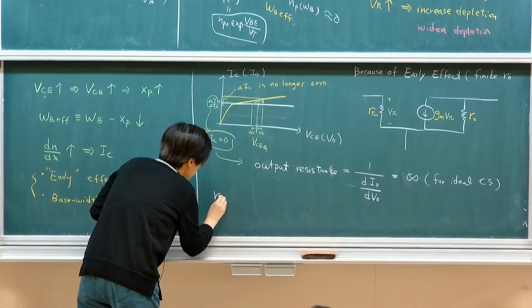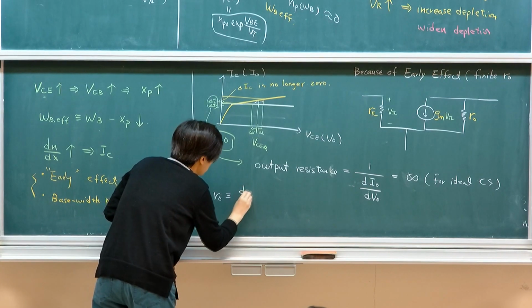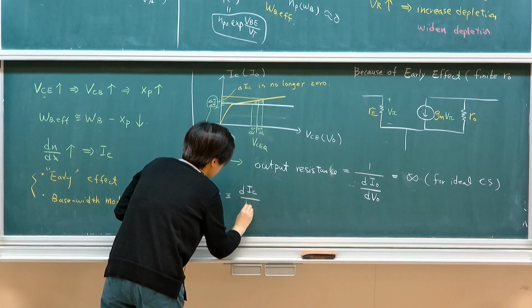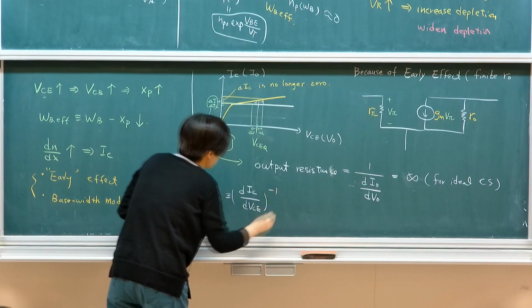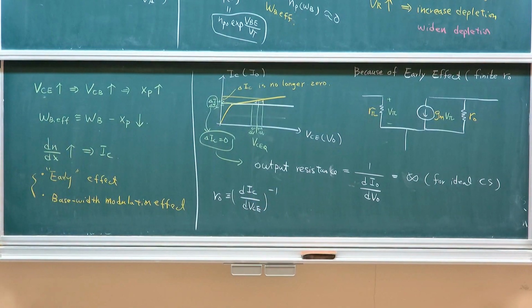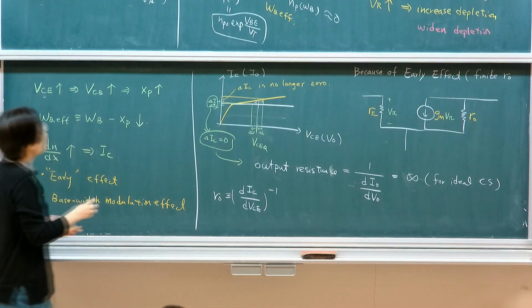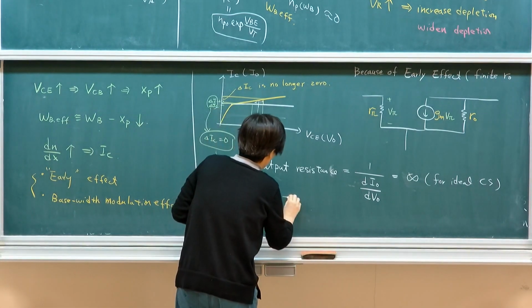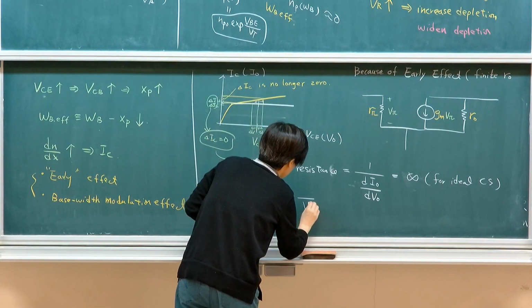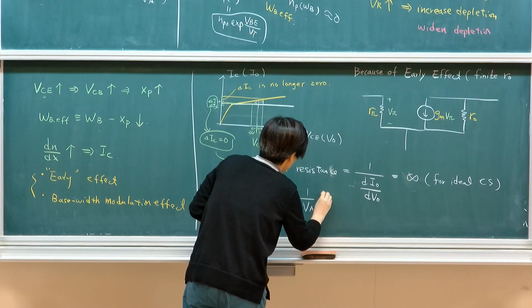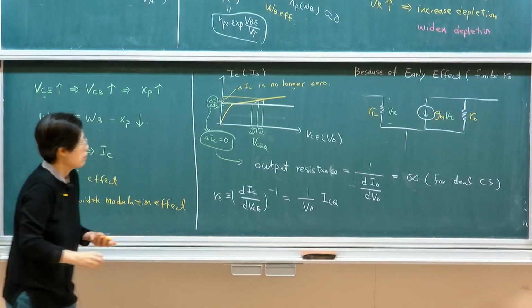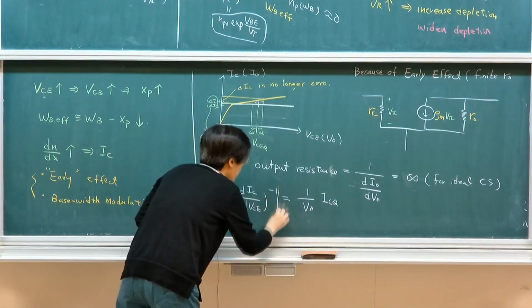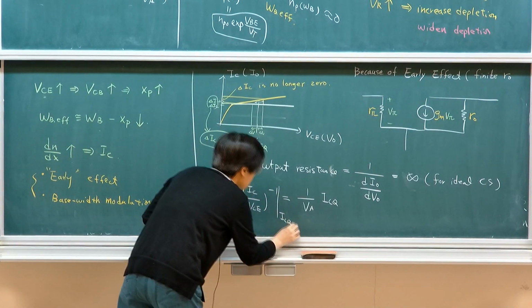So RO, once again, by definition, is dVCE over dIC, the inverse of this. I'm simply going to insert that, and that will give me something like VA over ICQ, at ICQ.